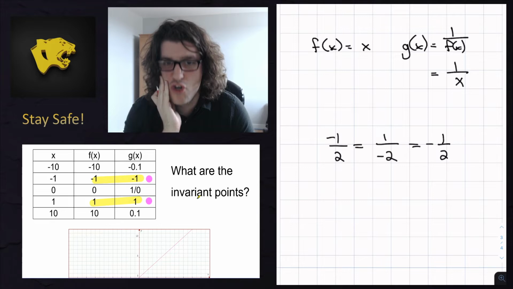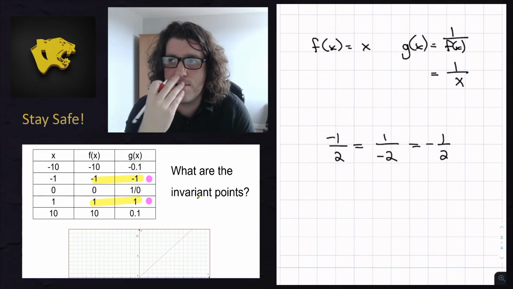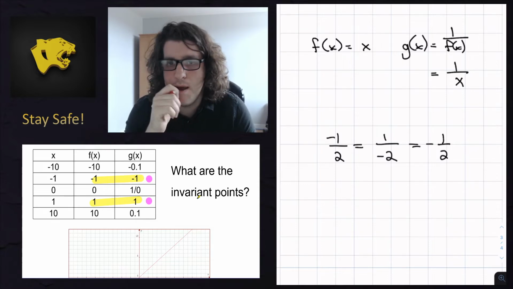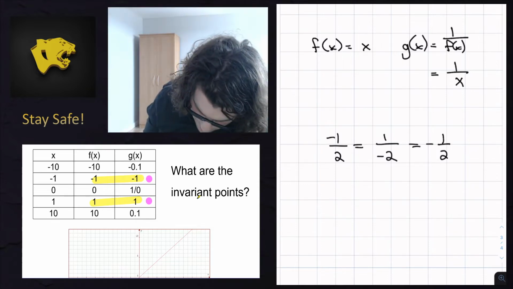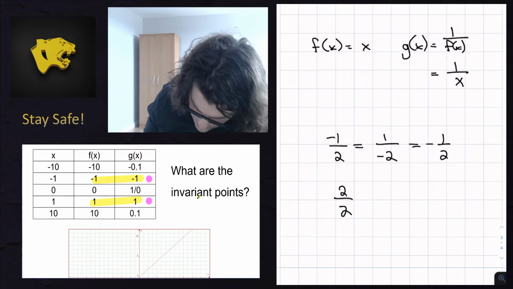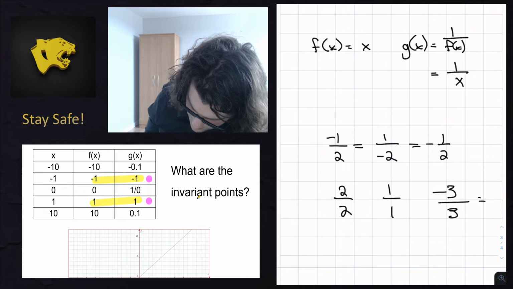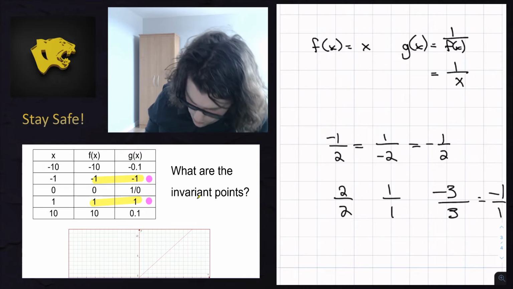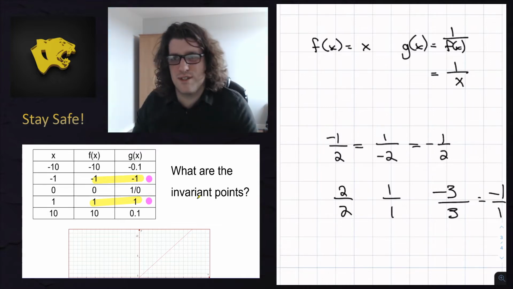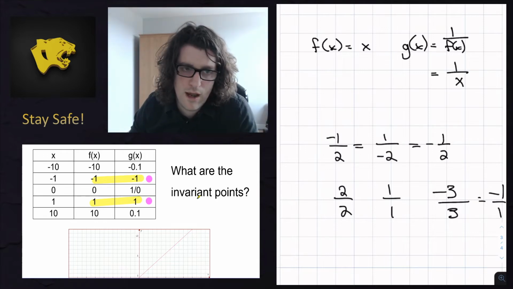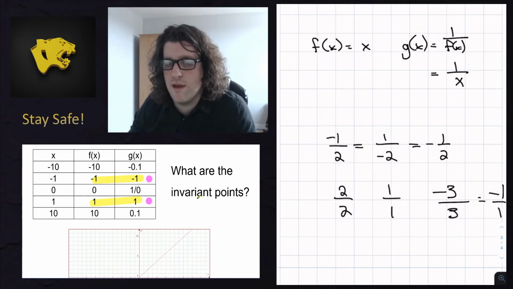As long as numerically, without worrying about the sign, the numerator and the denominator are the same value, that's all that's going to matter. So 2 over 2 is the same thing as 1 over 1. Negative 3 over 3 is the same thing as negative 1 over 1. As long as everything reduces to 1 over 1 with a negative sign or not, you are going to have something that's invariant.